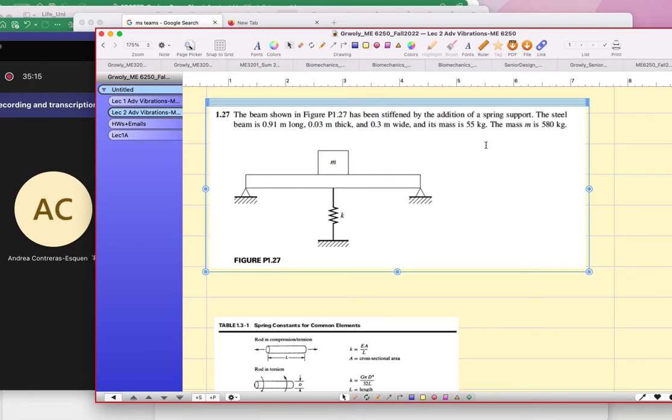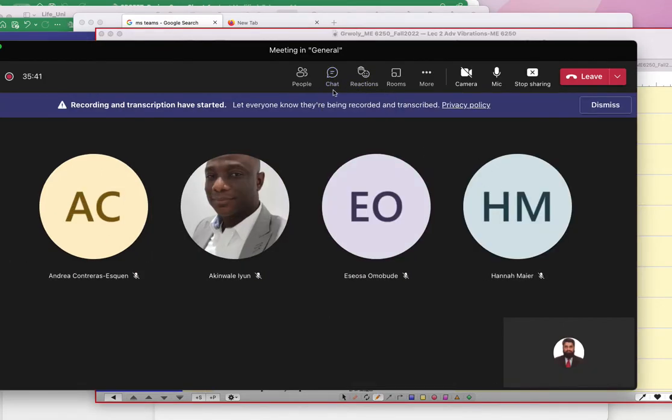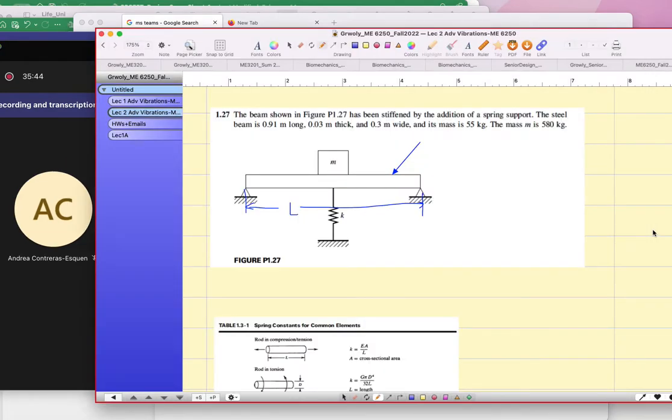And it is asked in this question, this beam is a steel beam, and it has some length. And the thickness, this is the thickness of the beam, which is 0.03.